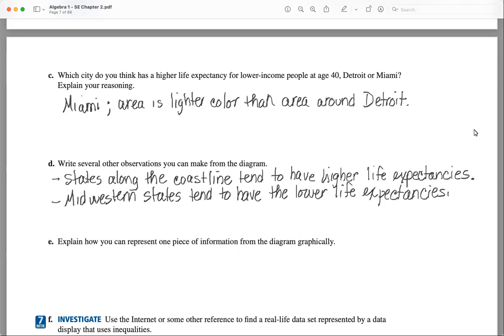Explain how you can represent one piece of information from the diagram graphically.